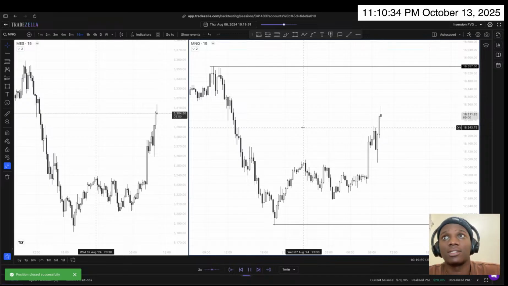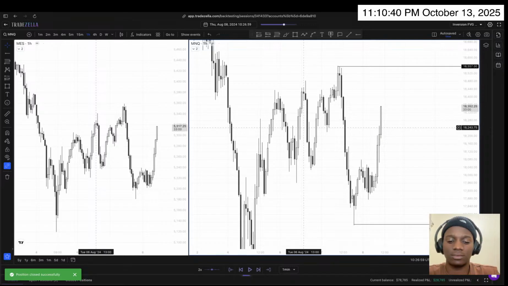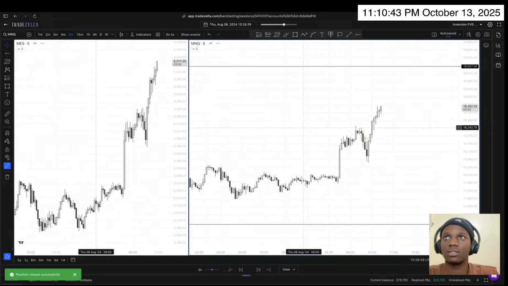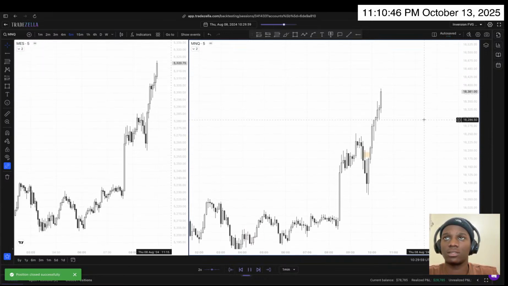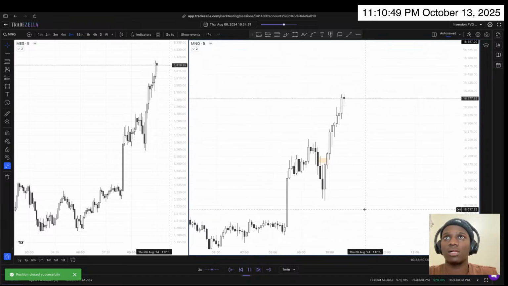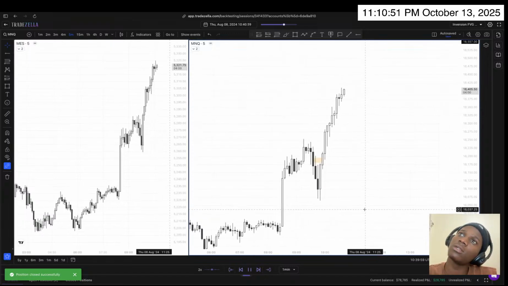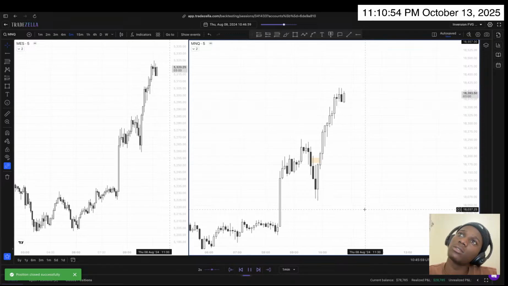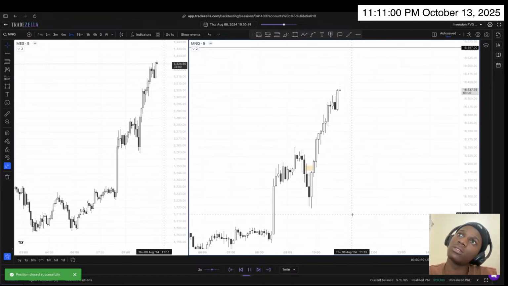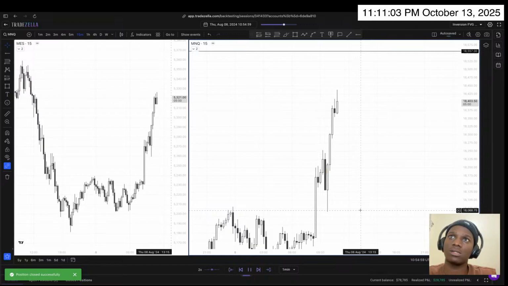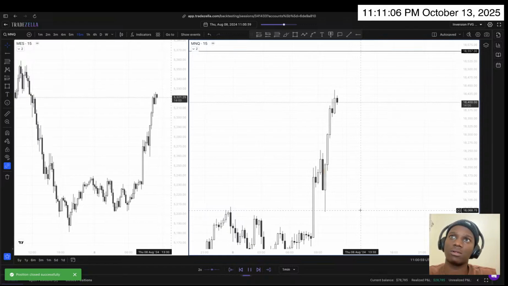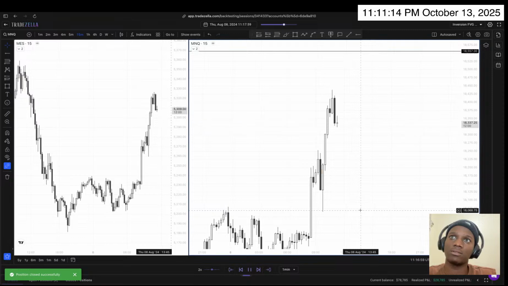Let's see if price will provide any other entry though to the highs. Okay, retracement at 11:14.